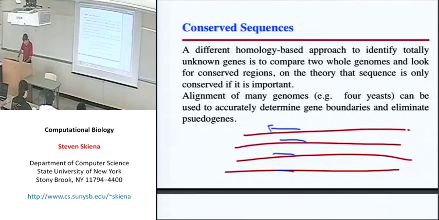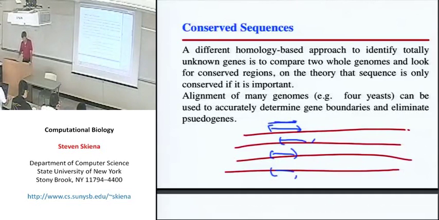And what's more, if the difference has not been too great, you should be able to use the fact that you have multiple species, every pair of which should have a homologous gene, to really pin down where the boundaries of the thing are.